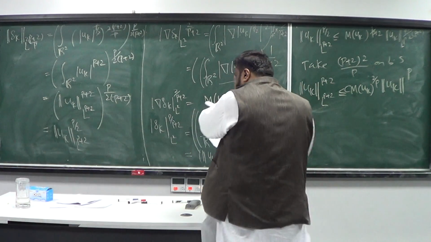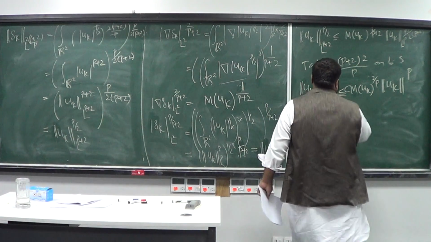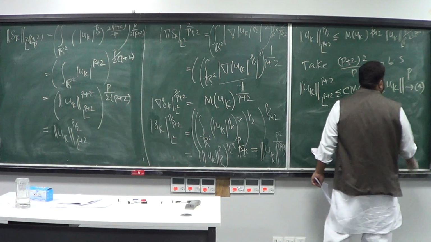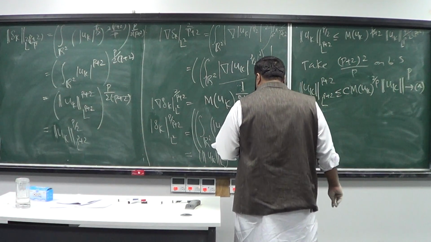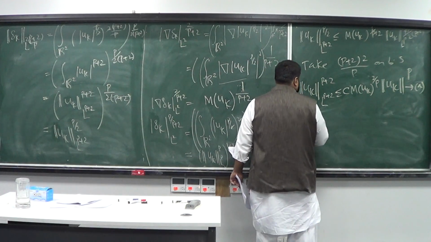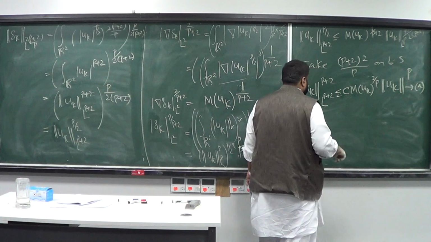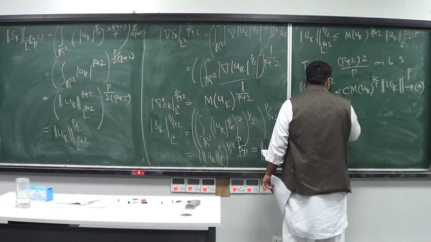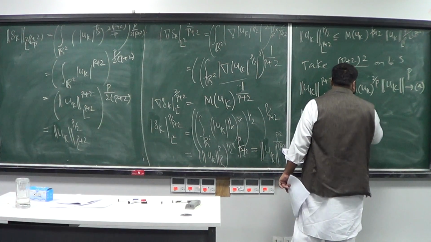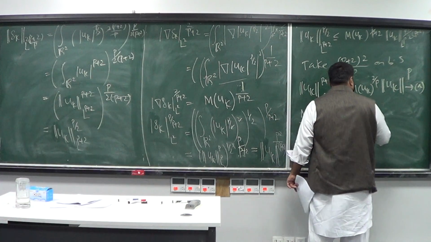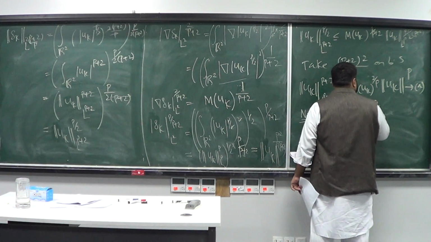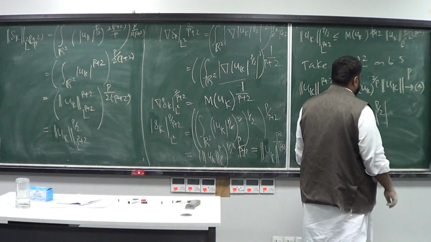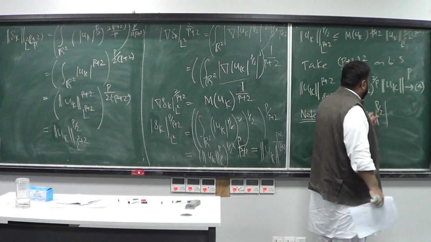So why are we doing all this mess? Let's call this inequality A. There is another obvious inequality. You can think about why you have this inequality: if you take any x from R^2, then the gradient of the function u_k raised to p over 2, in absolute value, what would it be?